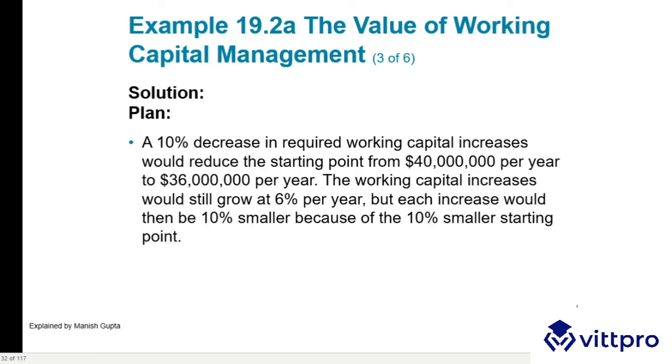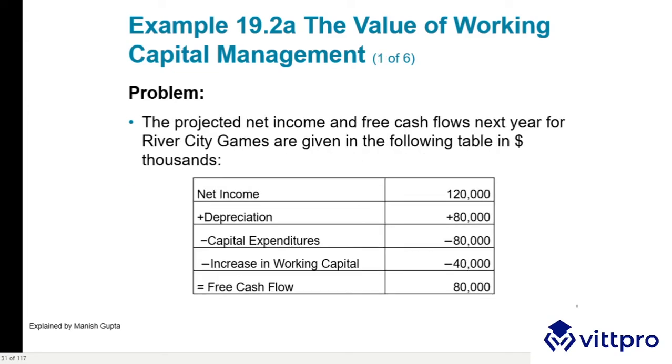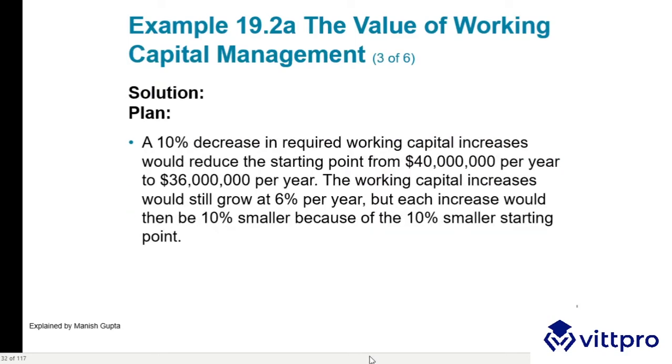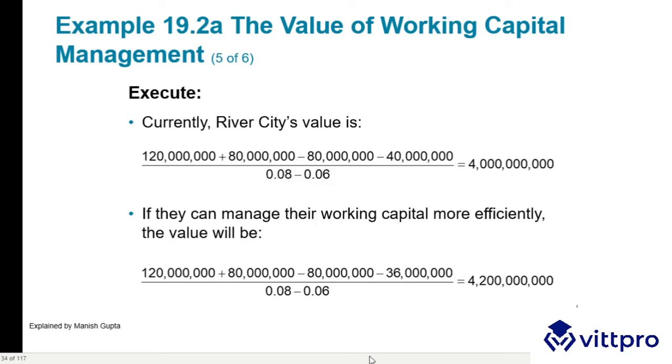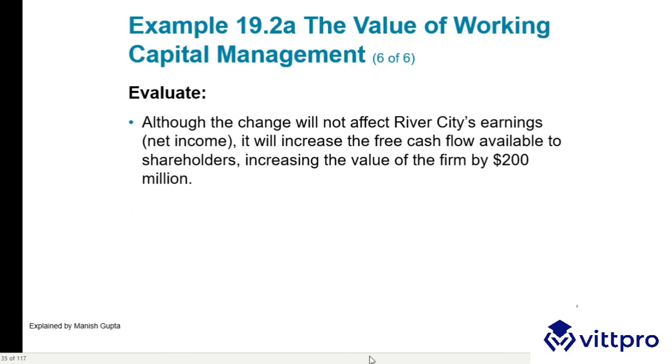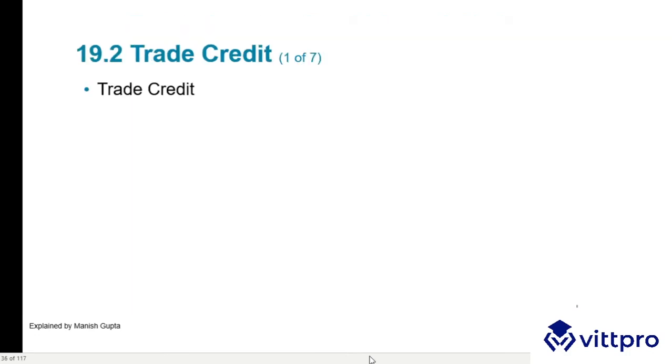Basically, you are going to save 10% of 80,000, so 40,000. So it's 4,000 that you are going to save every year. So you can do the cash flow: 4,000 divided by 0.02 will increase the value by $200 million. So that's how it's calculated.